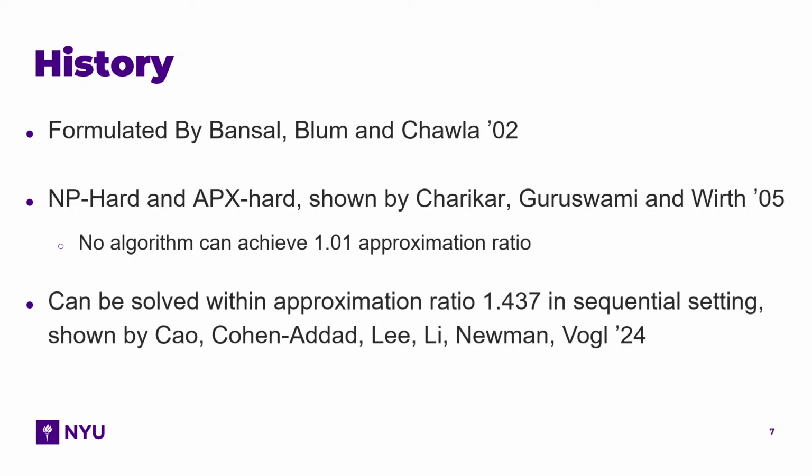In the sequential setting, it has been shown that the best approximation ratio currently is 1.437. There is a gap between these two things, but it's not that much. So in the sequential setting, it has really been well studied.